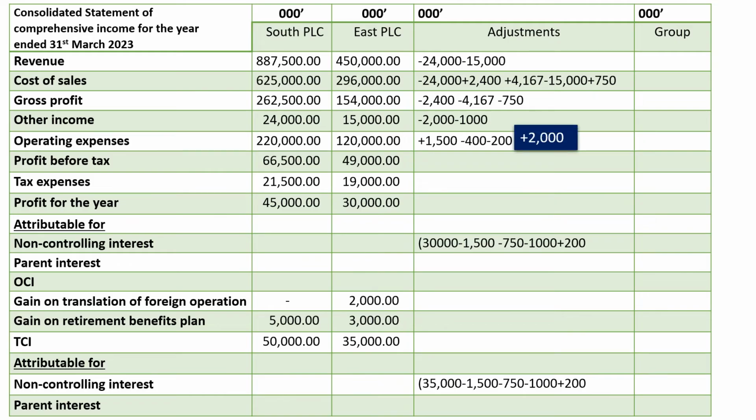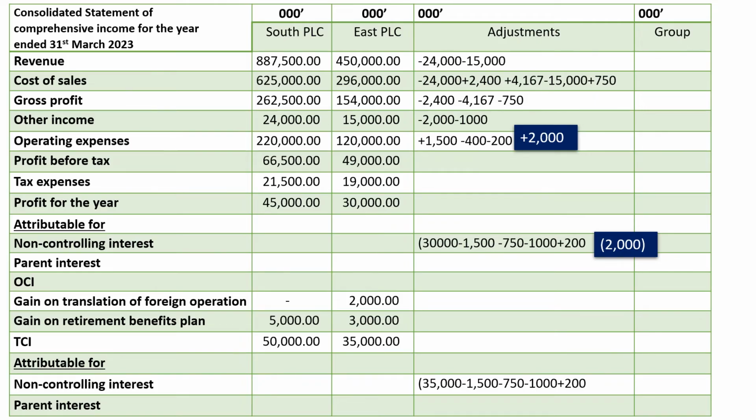Then it has to be removed from the profit attributable to non-controlling interest. So for the profit after tax which is attributable to non-controlling interest, we are going to remove this 2000 of impairment.